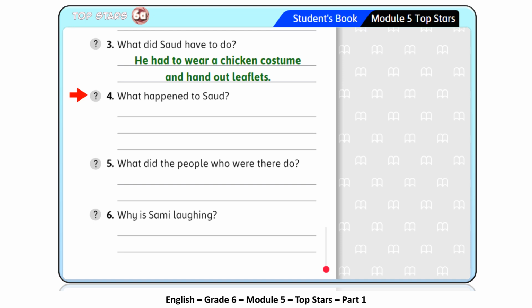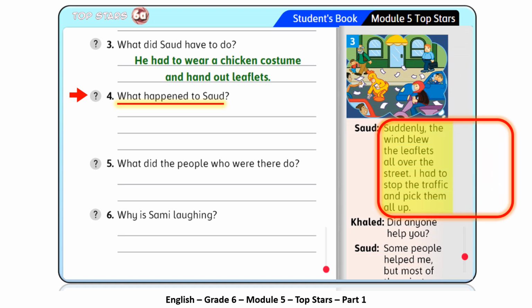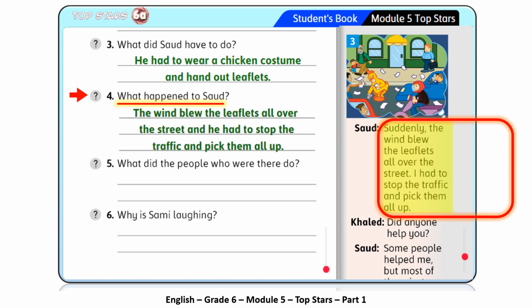Number 4, what happened to Saud? If we go to the text, we find Saud saying, "Suddenly, the wind blew the leaflets all over the street. I had to stop the traffic and pick them all up." So the answer is the wind blew the leaflets all over the street and he had to stop the traffic and pick them all up.